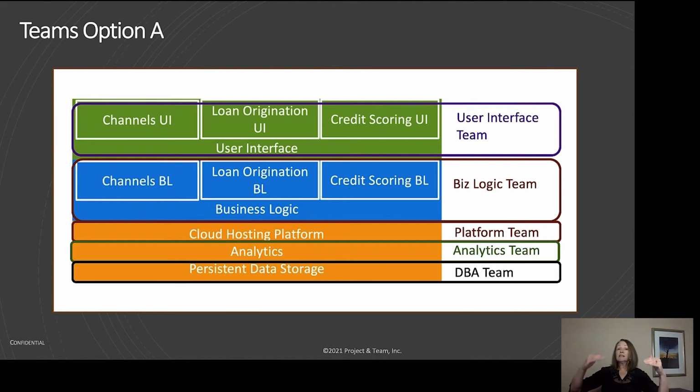And so in option A, we've got a user interface team responsible for all the user interfaces across these 3 systems, the business logic team, and then the more we move to the underlying infrastructure along some trends like analytics, cloud hosting, then we've got those specialized skills, and we keep those together for the same reason.